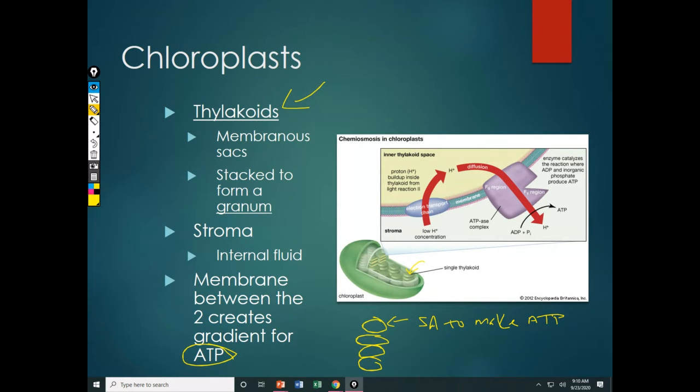So this is why chloroplasts and mitochondria are so good at their job, why peroxisomes really aren't as good at their job. Remember, a peroxisome was just a single membrane filled with fluid. So they can do it, but they just don't have the surface area that our chloroplasts and our mitochondria have.